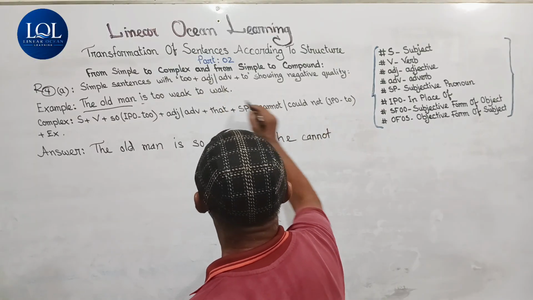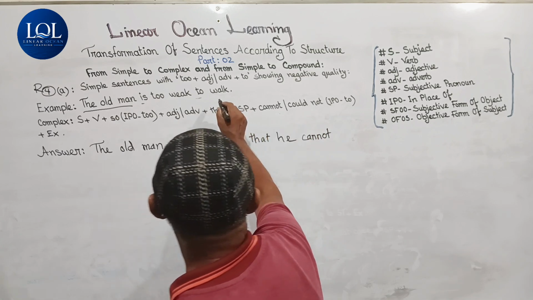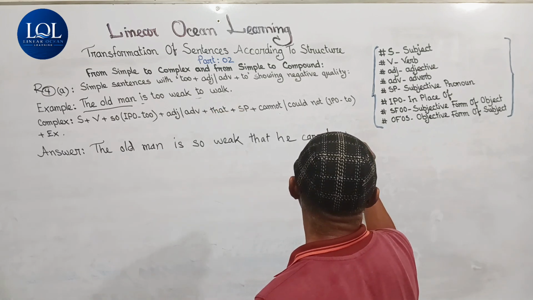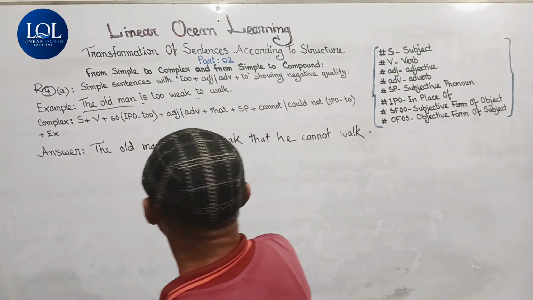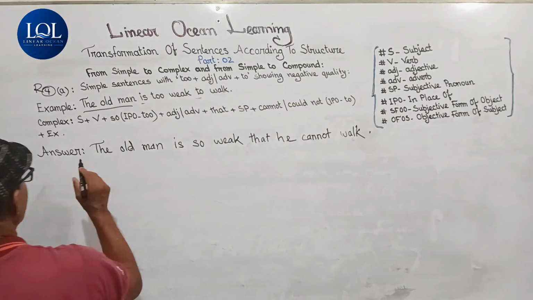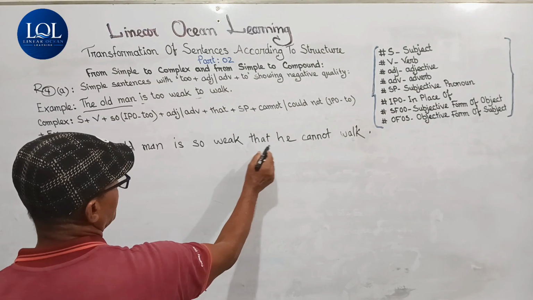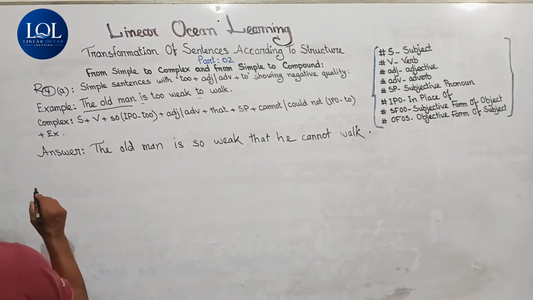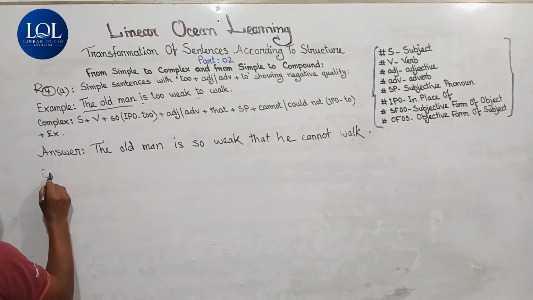In place of "to", we have written here "cannot" or "could not", then extension means "walk". The old man is too weak to walk, and its complex one is: The old man is so weak that he cannot walk.